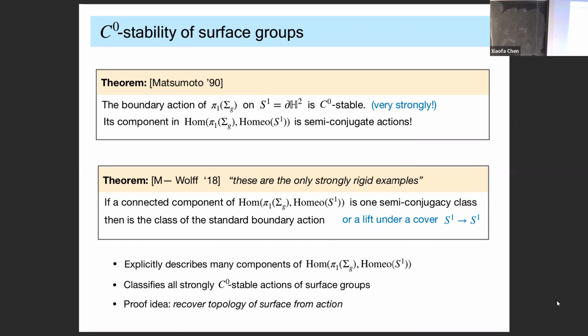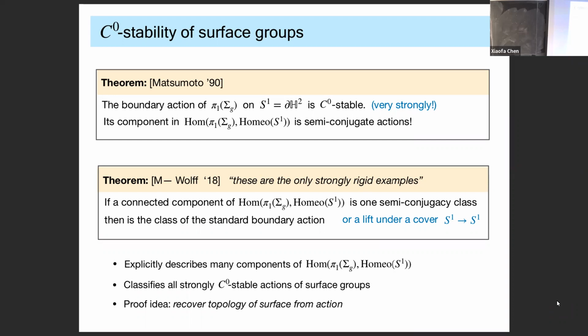Or wait, there's one silly thing you can do. The circle happens to be a cover of itself, degree k for any k. And for many examples of k, you can list these actions. You know exactly when. And those behave dynamically very much the same way. So these also give rigid examples, similar to Matsumoto's theorem.